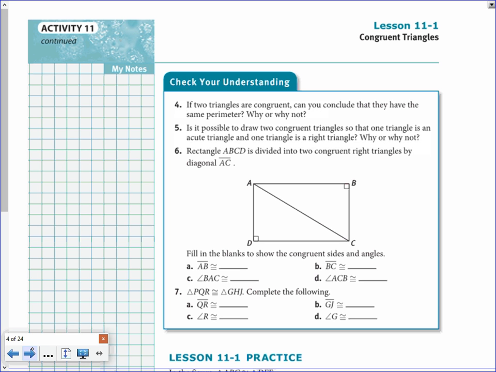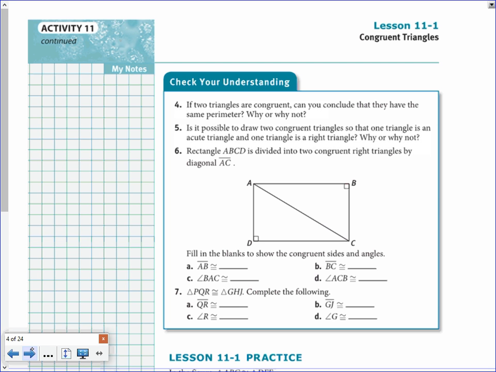All of the angles for an acute triangle are going to be acute angles, which means they're going to be less than 90 degrees. For your right triangle, one angle is going to be a right angle. And so since one angle of your right triangle is a right angle, the angles of your two triangles are not going to be able to have the same measure. So that means that your triangles cannot possibly be congruent.